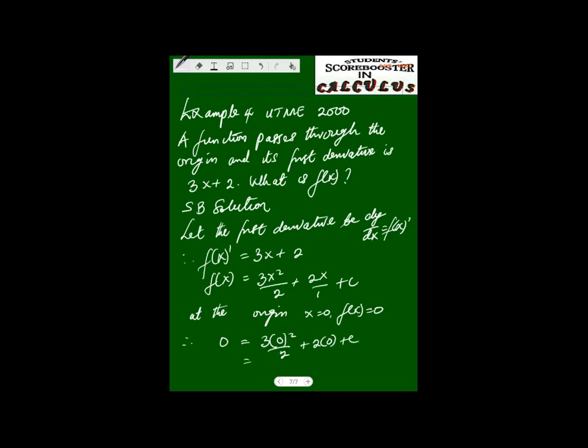So the whole of this is 0, and c is equal to 0. If c is equal to 0, it means this c is nothing. So your f(x) is equal to 3 over 2 x squared plus 2x. This will be your final answer.